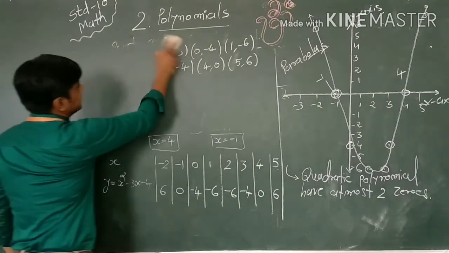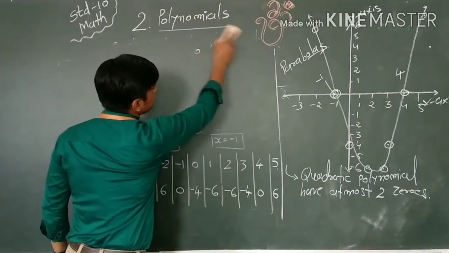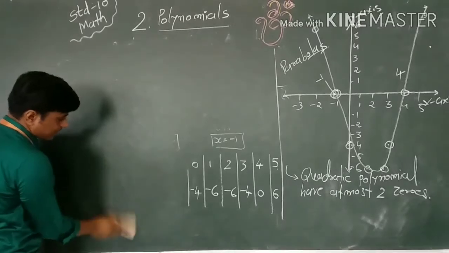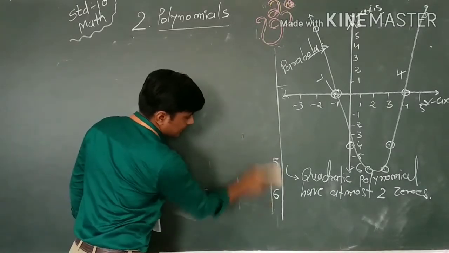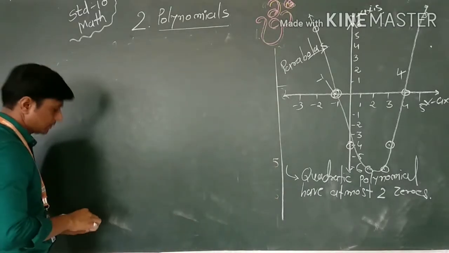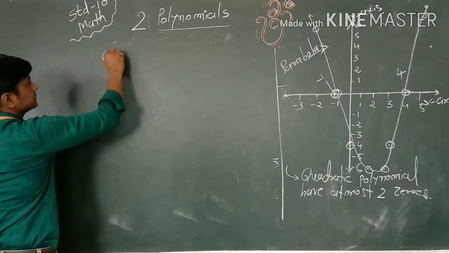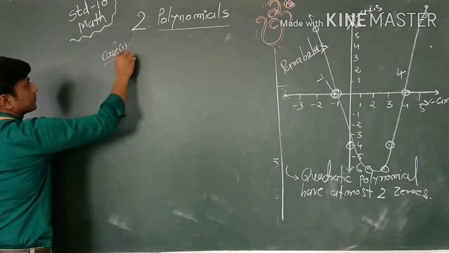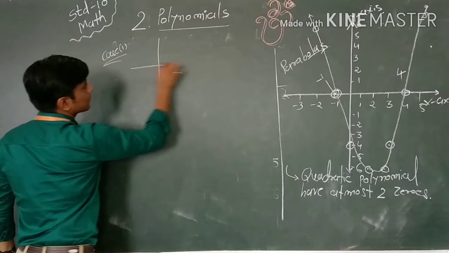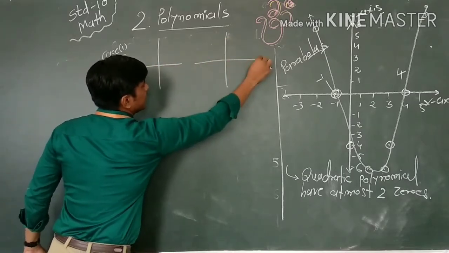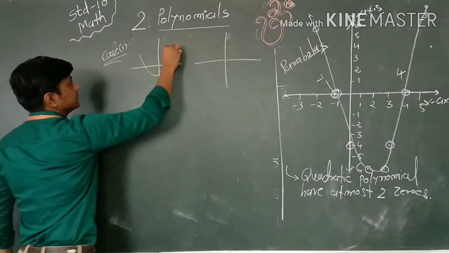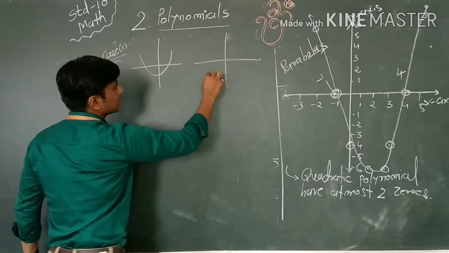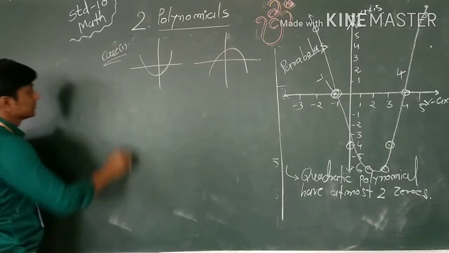That means there are 3 possibilities for a quadratic polynomial. Let's see here. Case 1: its graph looks like this type or this type.